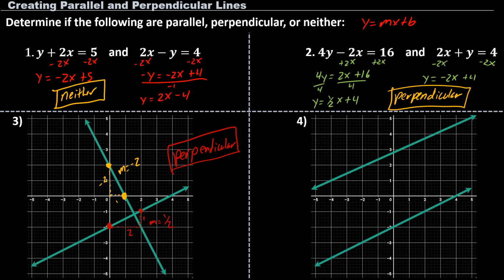Now number 4, if we look at it, it looks like it could be parallel. But again, we need to check and make sure. So we have a point here, and we have a point here. So that is over 2, up 1. But then if we keep looking, over 2, up 1, that's slightly off. So it's somewhere near 1/2, but it's not exactly 1/2.